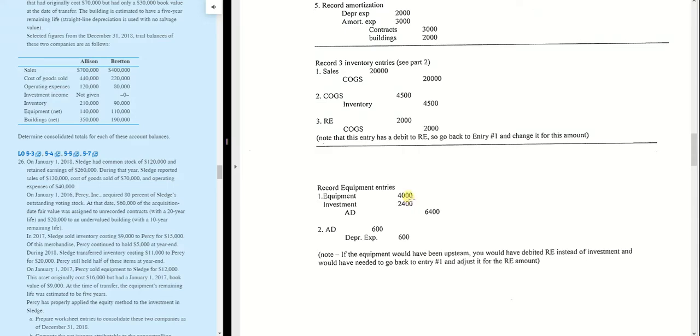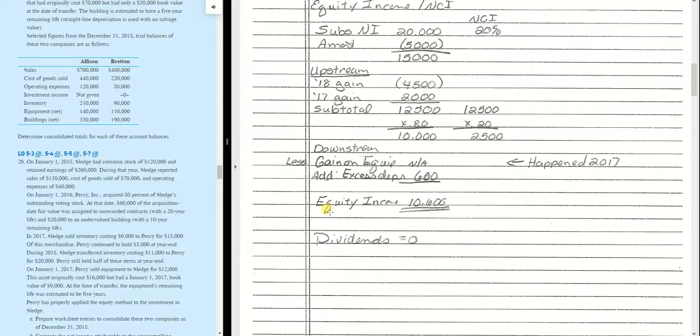I need to get my accumulated depreciation down by 6,400. Okay, that gain is no longer a gain. We always say it's buried in retained earnings, but since this is downstream and the full equity method, I take it to investment. The reason I take it to investment is because my retained earnings is already correct because I took it out in 2017.